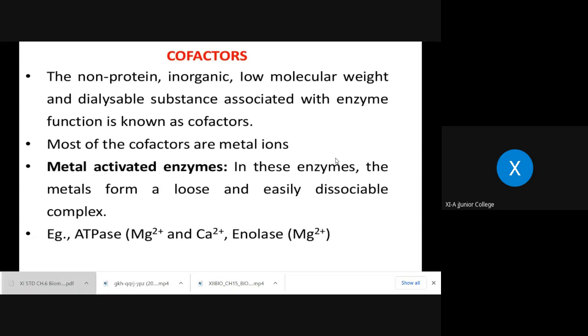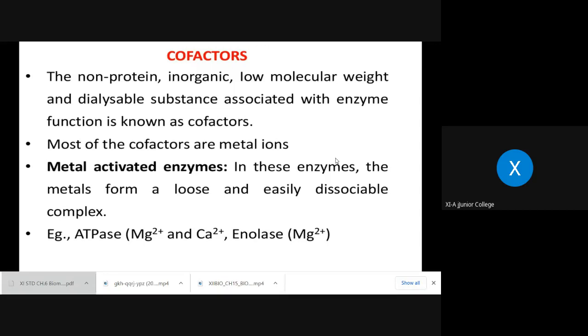These are non-protein, inorganic, low molecular weight and dialysable substances associated with the enzyme function, and they are generally metal ions. And these metal activated enzymes are the enzymes with the metals that form a loose and easily dissociable complex.